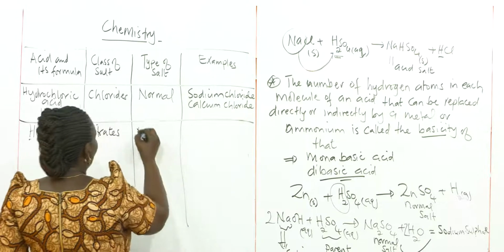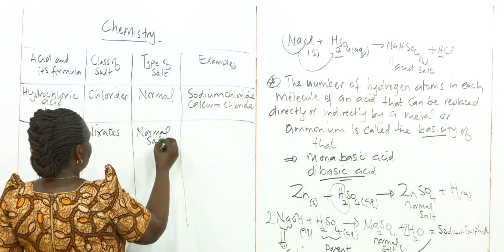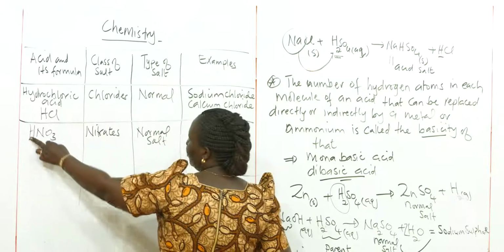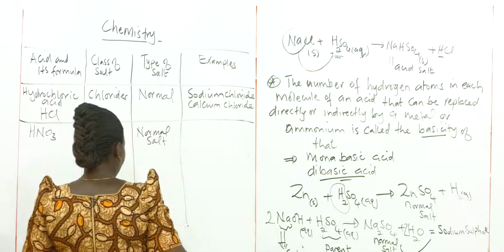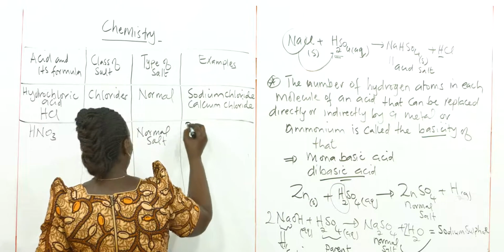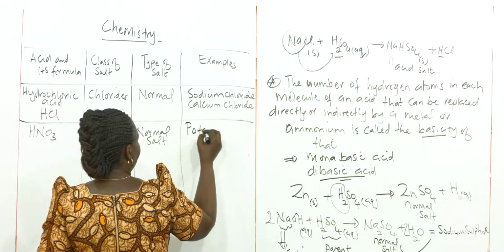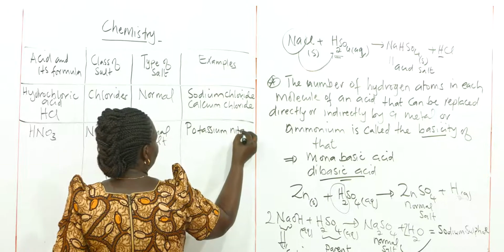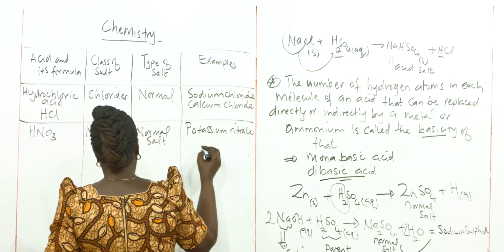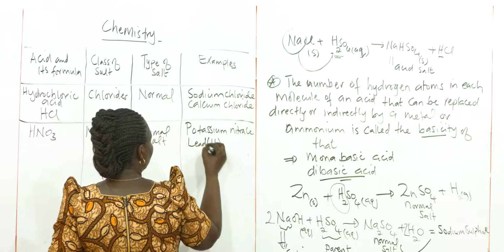We get a normal salt because we have only one hydrogen atom, and this one hydrogen atom will be displaced. Examples of salts are potassium nitrate or lead 2 nitrate.